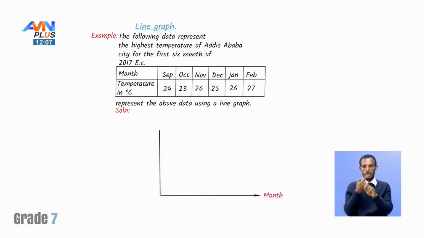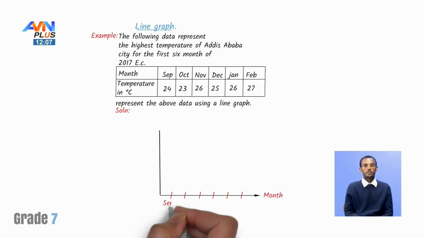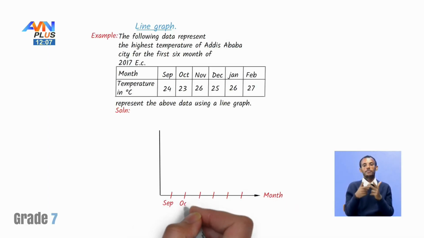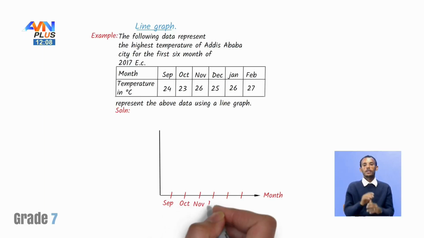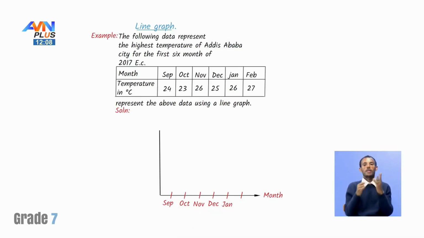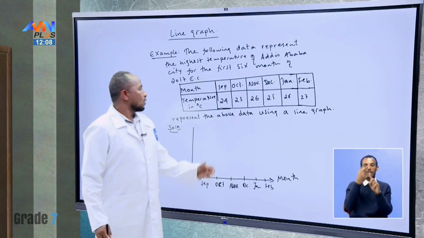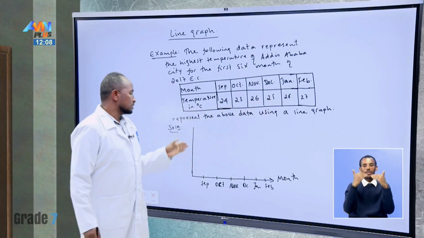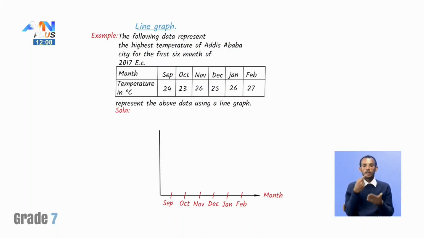The first month here is September, and then next there is October, and the third month is November, December, January, and so we'll put the months here, and the measured quantity, the temperature, will be put on this vertical axis.